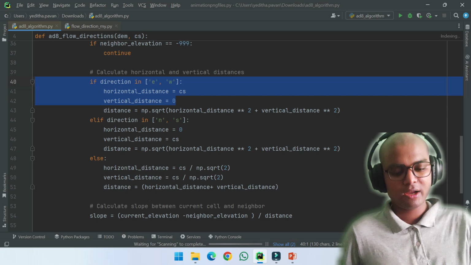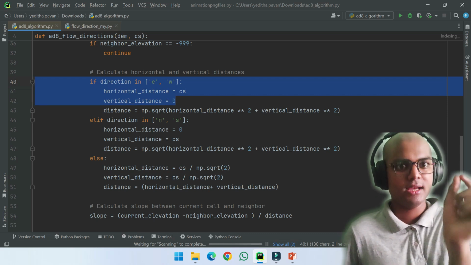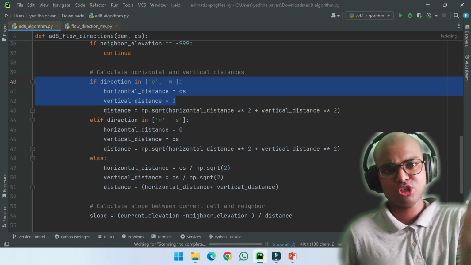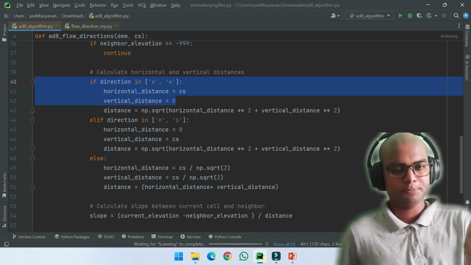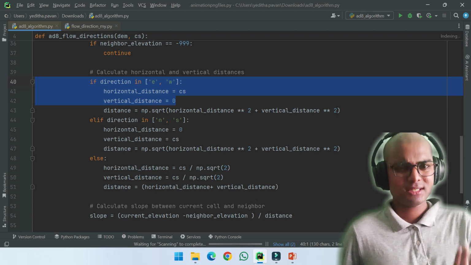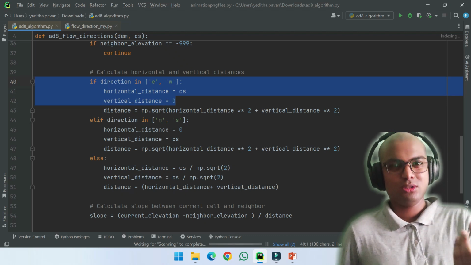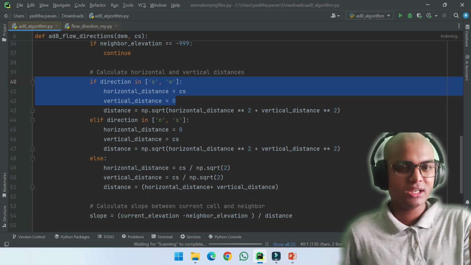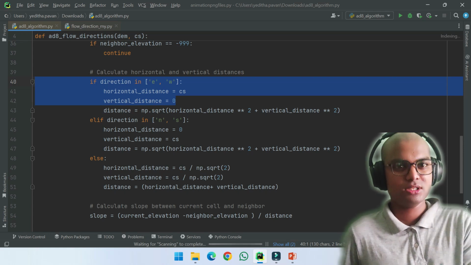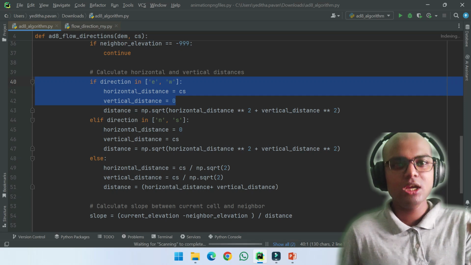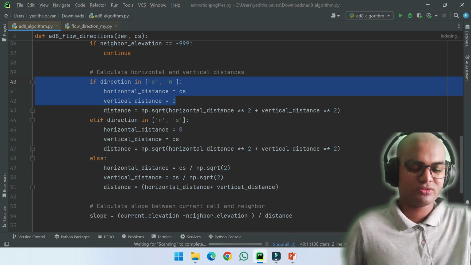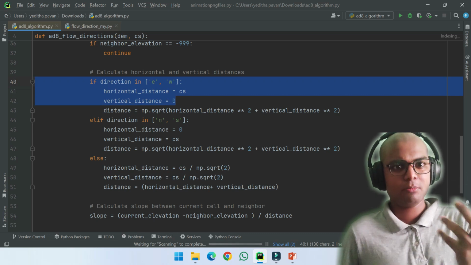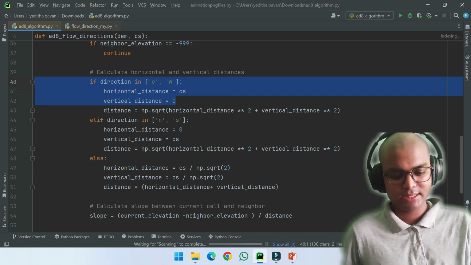So here I am defining the horizontal distance as the cell size, and vertical distance is 0 because it's not changing the row number. So the distance is generally equal to the 200 meters, but if we consider the vertical and horizontal distance combined, which is hypotenuse square is equal to side square plus side square, it is generally not required, but I've just written it for clarity.